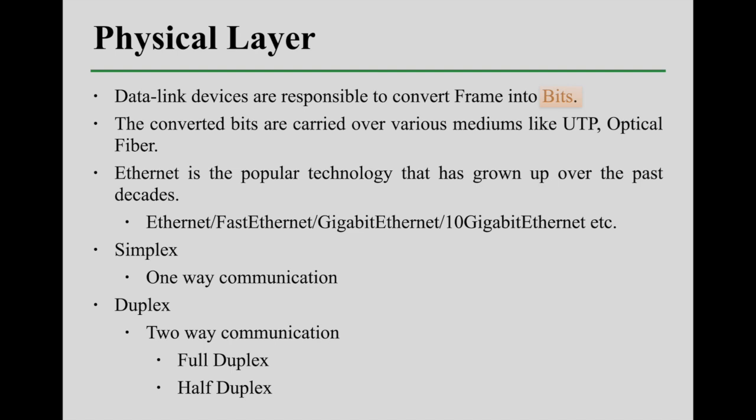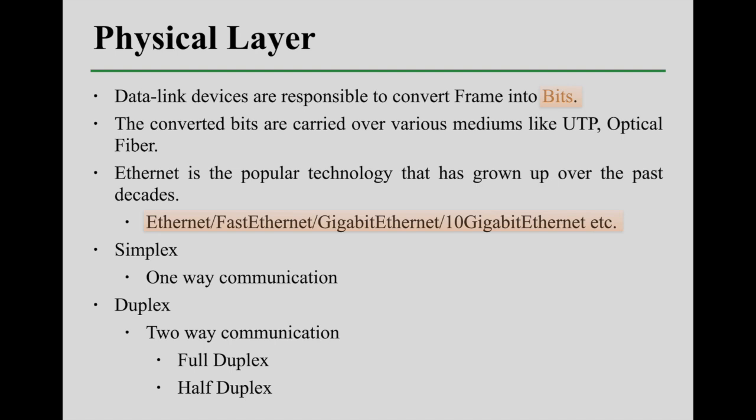Now let's talk about physical mediums. The physical medium includes Ethernet cables, optical fiber, coaxial cable and radio frequency when we are using wireless communication. Ethernet is a widely used technology which has had various enhancements over the years. The first Ethernet interface, which can operate at a maximum speed of 10 megabits per second, is Ethernet itself.